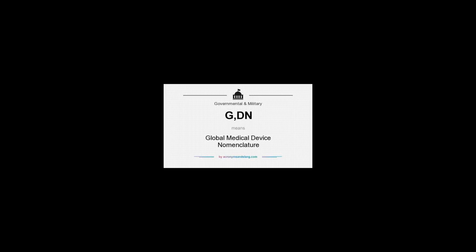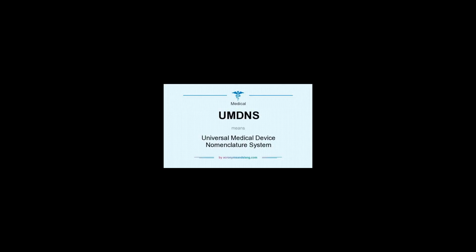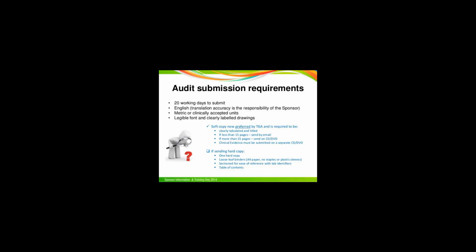Uniquely, each GMDN term has a set of attributes, known as collective terms, which help to navigate the GMDN database and aid the selection of a GMDN term by medical condition or product feature. The GMDN is used by regulators, healthcare providers and others for activities such as medical device recalls, adverse event reporting and post-market surveillance and monitoring, as well as inventory control and other healthcare management functions.